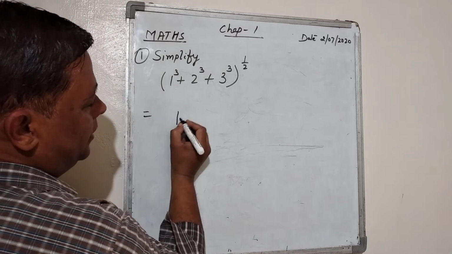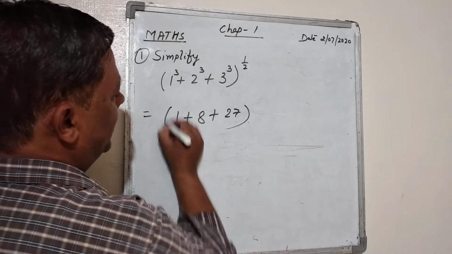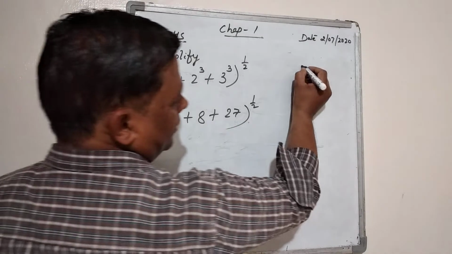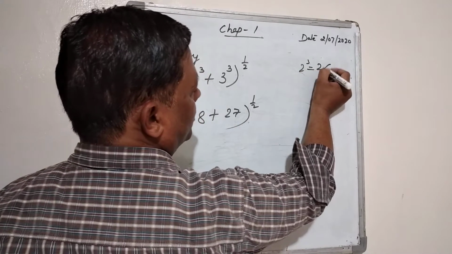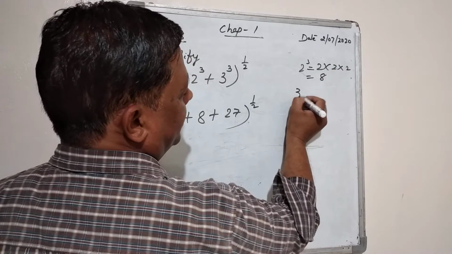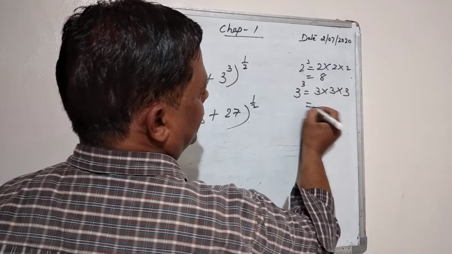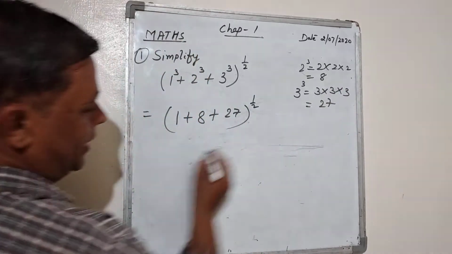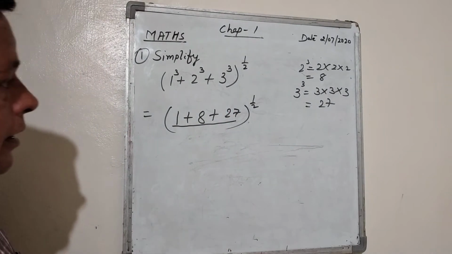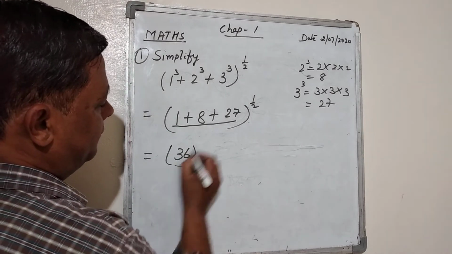So 1 cube is 1, 2 cube is 8, 3 cube is 27, whole power 1 by 2. 2 cube, you expand it 3 times, 2 into 2 into 2, so it becomes 8, and 3 cube, that is 3 into 3 into 3, it is 27. So we add these values, 27 plus 8 becomes 35 and 1, 36. So 36 raised to the power half.